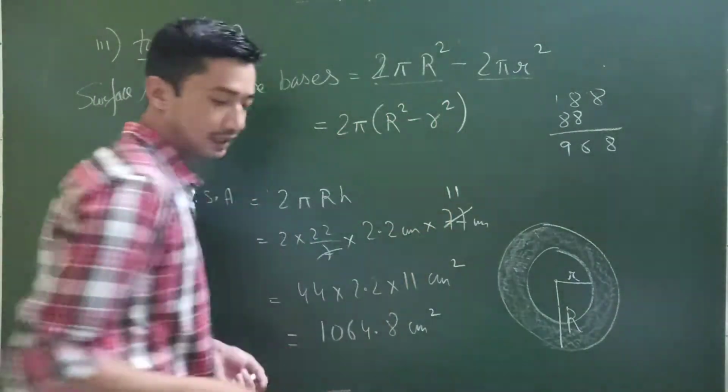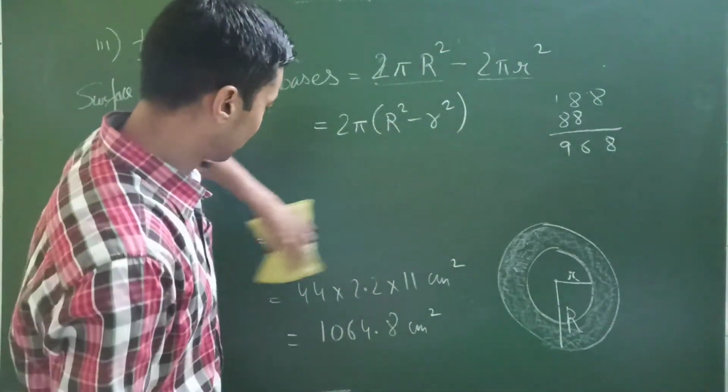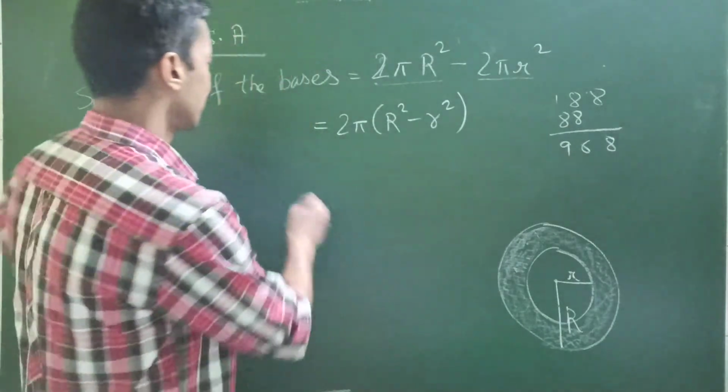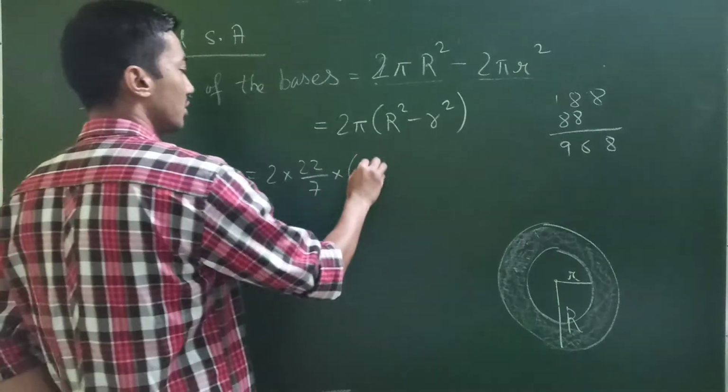So let's simplify this. That will be 2 into 22 by 7 into R square minus r square.